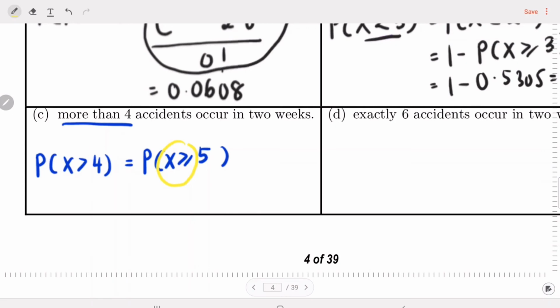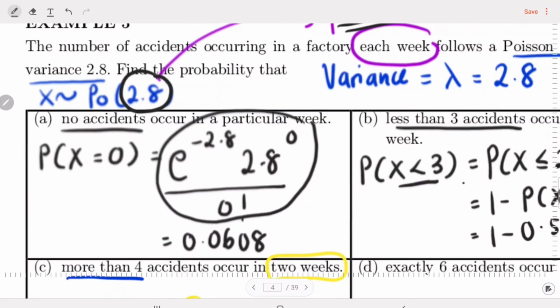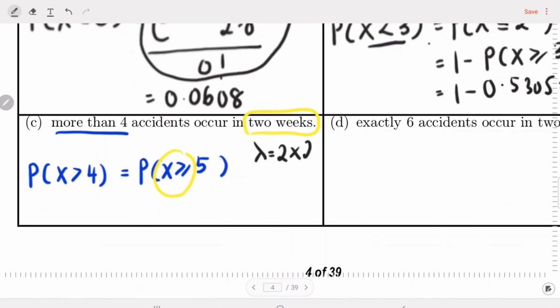But we need to find the probability that it occurs in 2 weeks. So our lambda is not going to be the same as 2.8, because 2.8 is the average or variance for 1 week. So for 2 weeks, our lambda is going to be 2 multiplied with 2.8, which is 5.6.